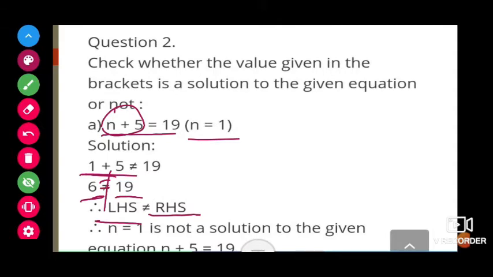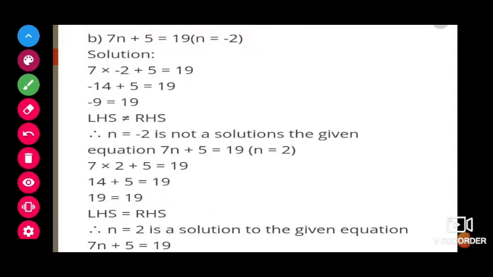n plus 5 is equal to 19. Next, 7n plus 5 is equal to 19. Now, in the given equation, we have to place n equals minus 2. So 7n is nothing but 7 into n. So 7 into minus 2 plus 5 equals 19.